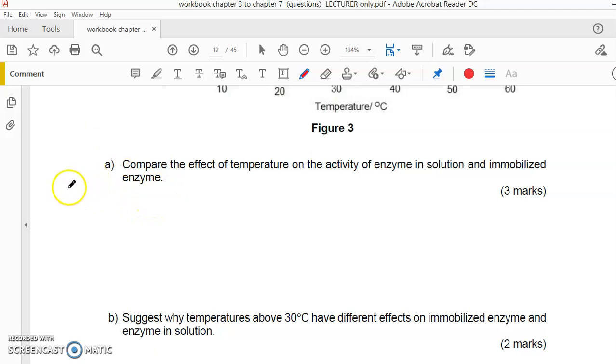Okay, so we can say compare, right? You need to compare.